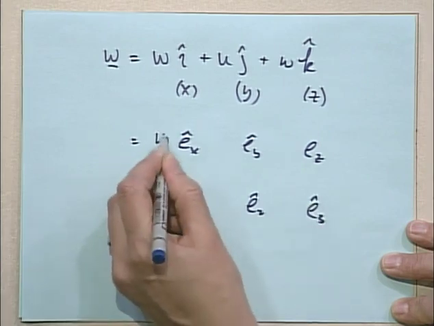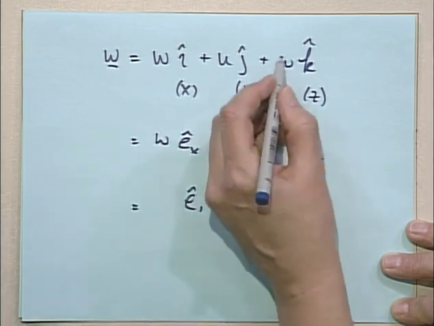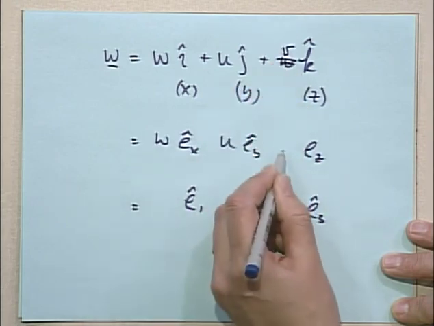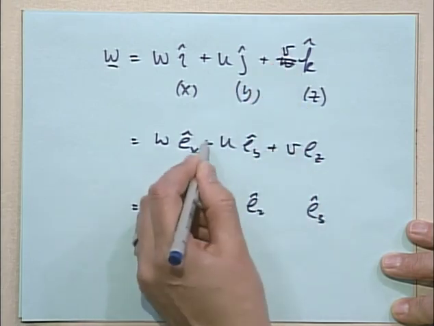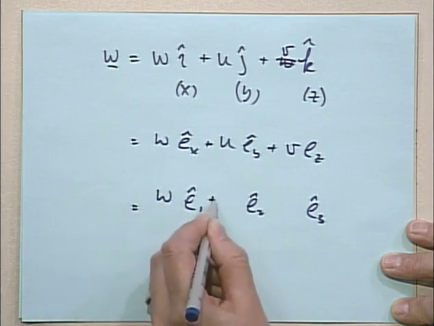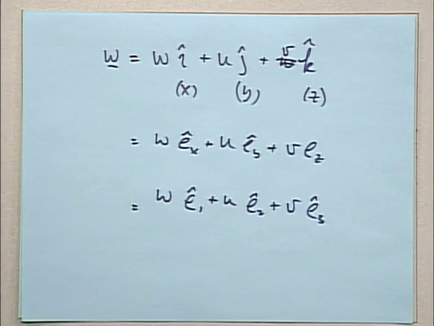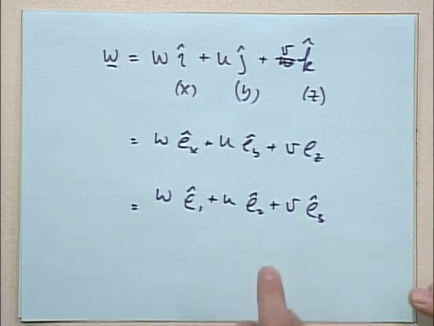So if I use the same values of the scalar coefficient, I shouldn't have used W twice, let's use V. All three of those are three different representations of the same vector, just with different nomenclature. And the one with the 1, 2, 3 is going to be the one that's most useful to us.